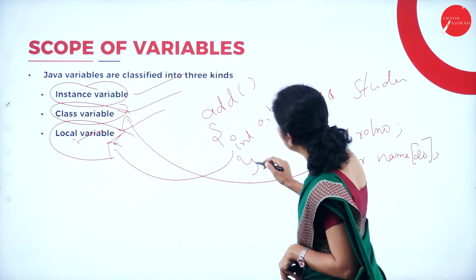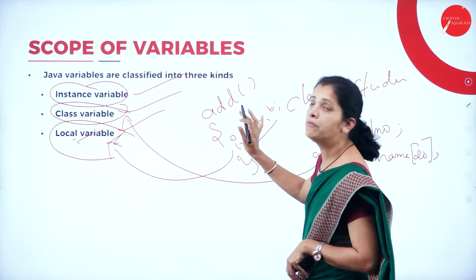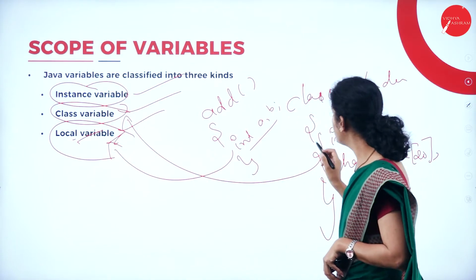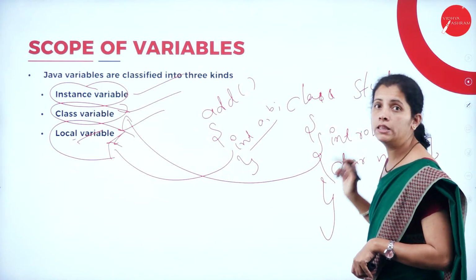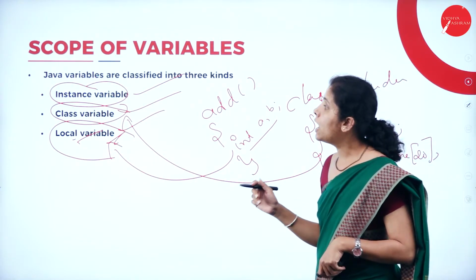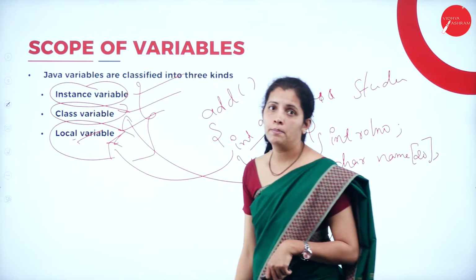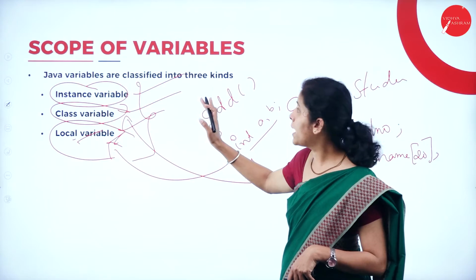The scope of these variables is within the function. And if I consider class variables, the scope of the variables is within the class. These are the three different types of variables we are going to use in our Java programming.